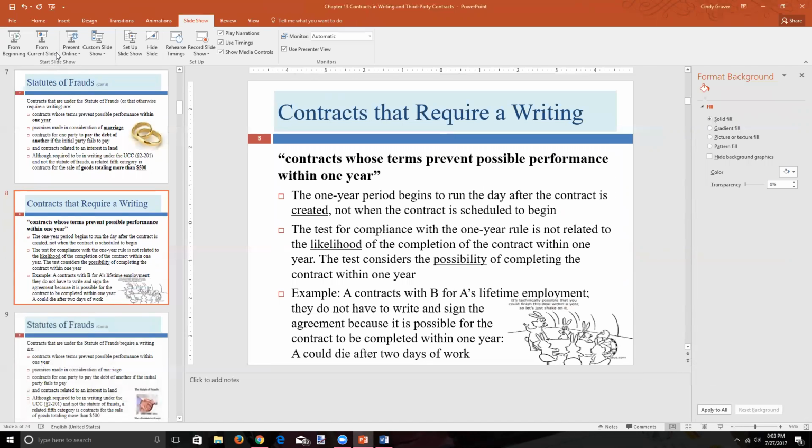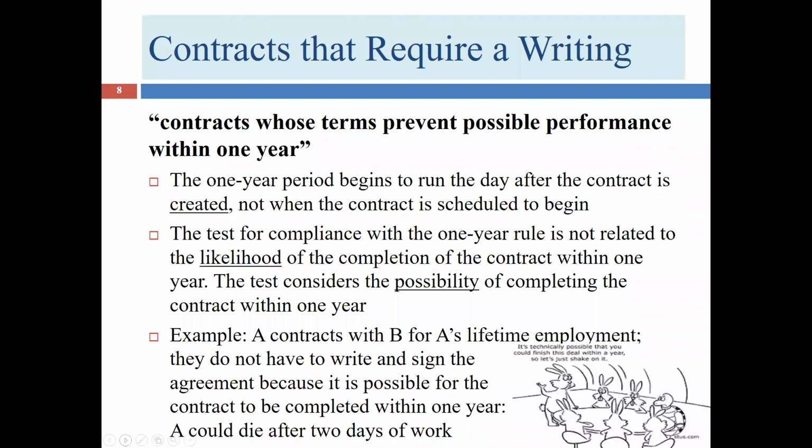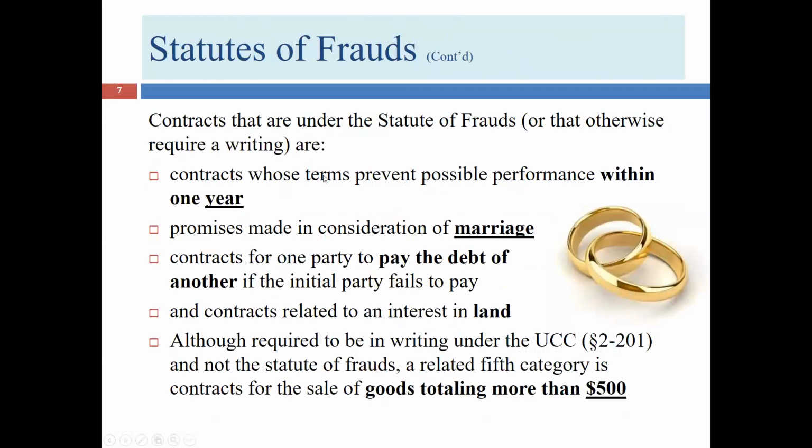Okay, so now we're going to drill down and go through each one of these. We're going to approach this first one first: contracts whose terms prevent possible performance within 1 year.